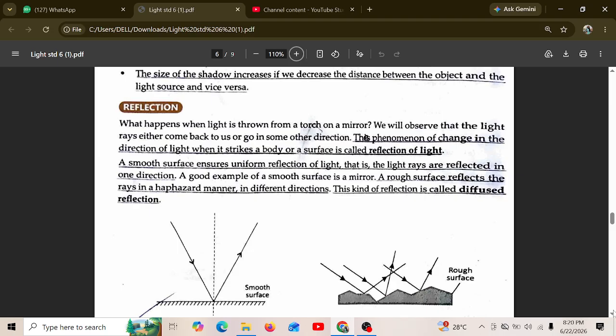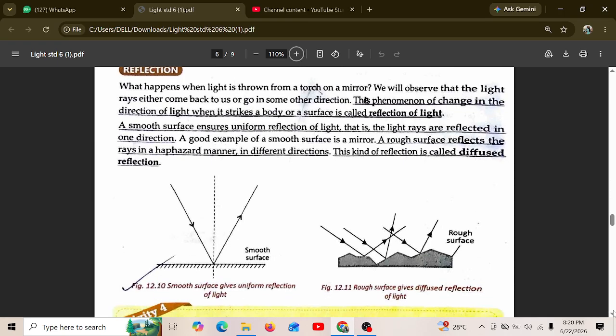You can see that if the light is striking a smooth surface, we get a very clear, straight reflected ray. But when the incident ray, the light which is falling on the surface, strikes a rough surface, the reflected rays are diffused.